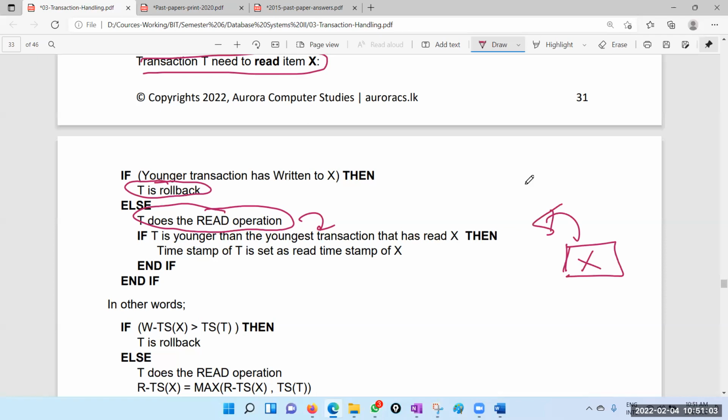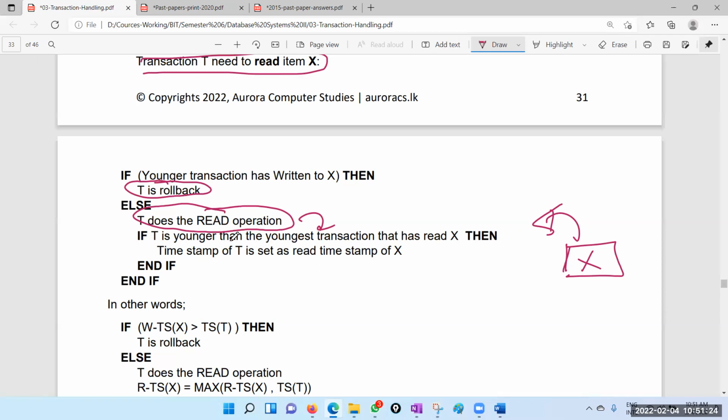But if you are the youngest transaction that has read, that means your timestamp is bigger than the given read timestamp. Now you have to update the read timestamp of the resource with your timestamp after reading. That's it.